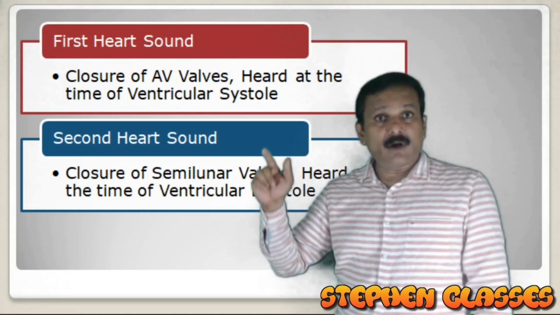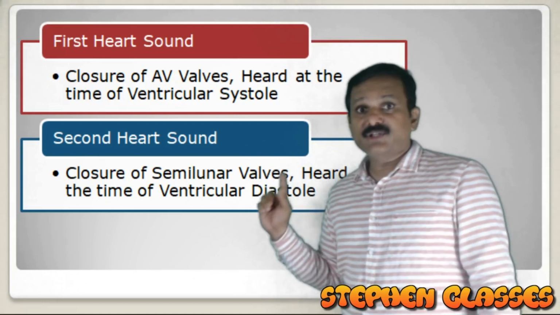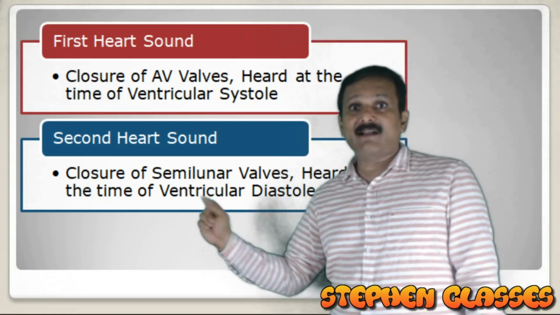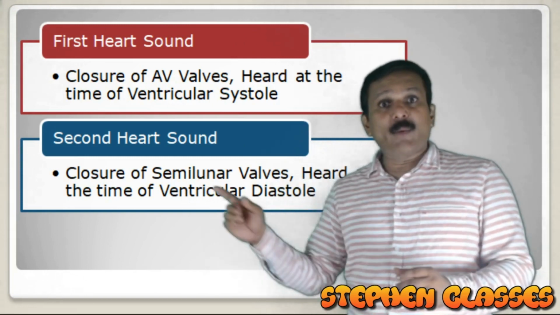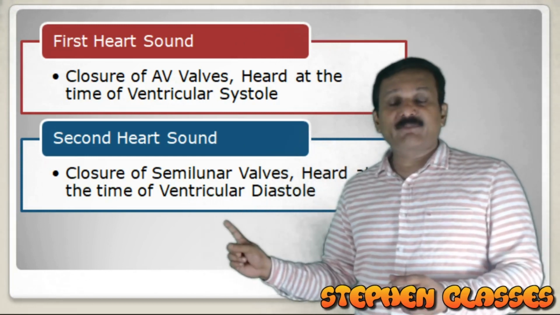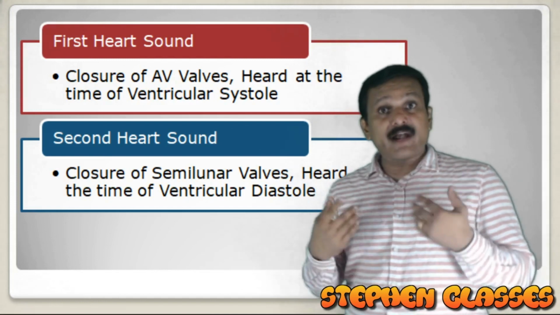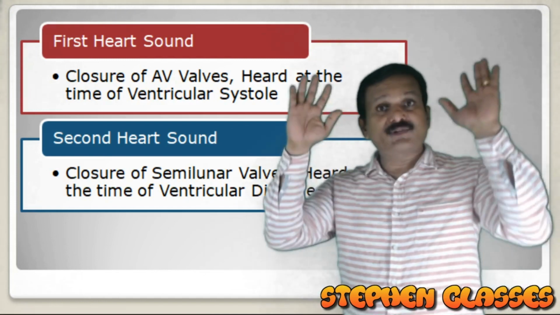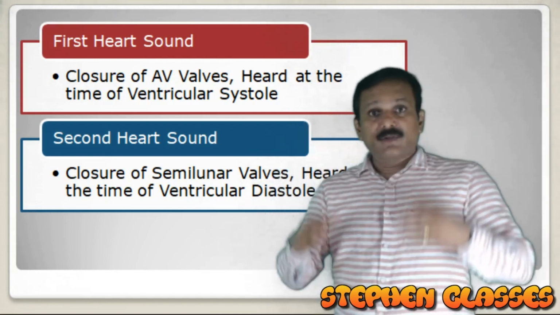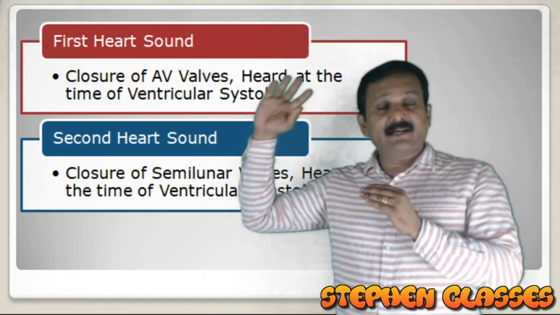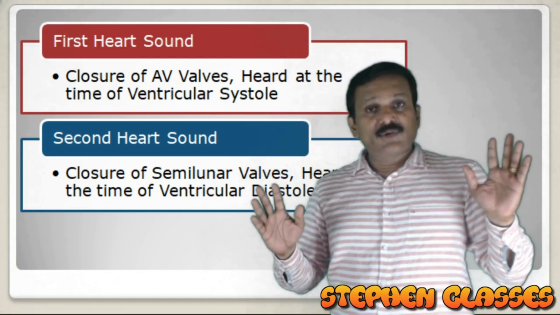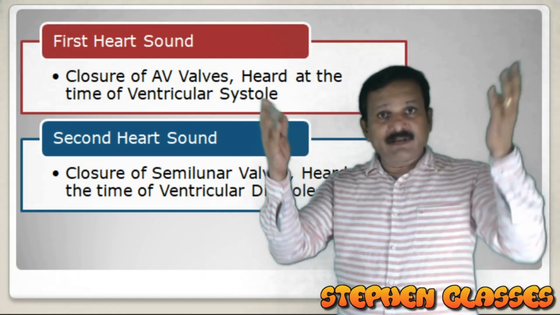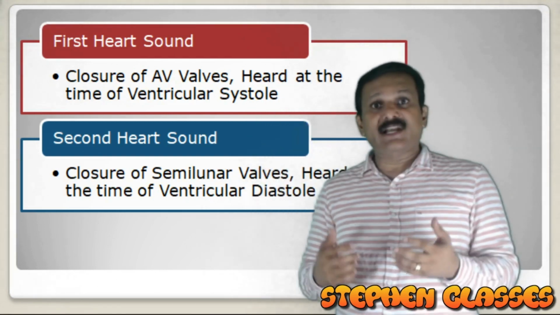The dub or second heart sound is due to the closure of the semilunar valve. Semilunar valves will close during the ventricular diastole. During ventricular diastole, blood has already been pumped to the main blood vessels, through the pulmonary artery and aorta, by the ventricles. So it doesn't want the blood to come back to ventricles again.